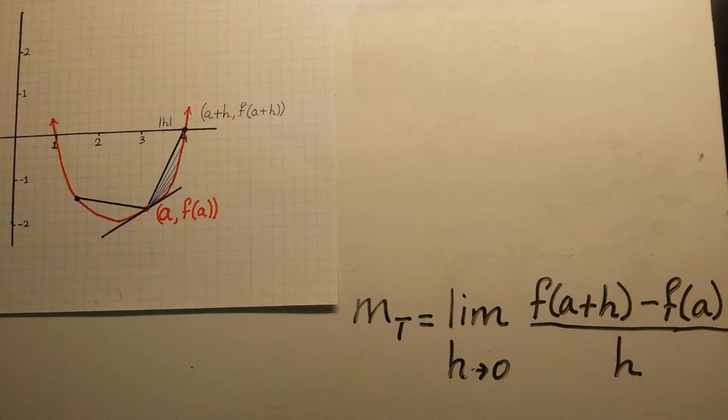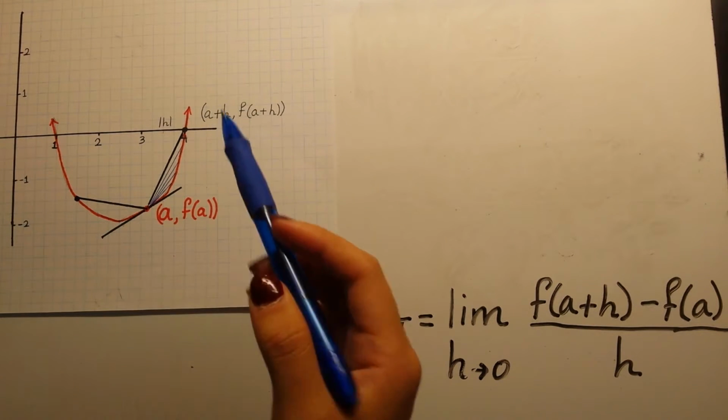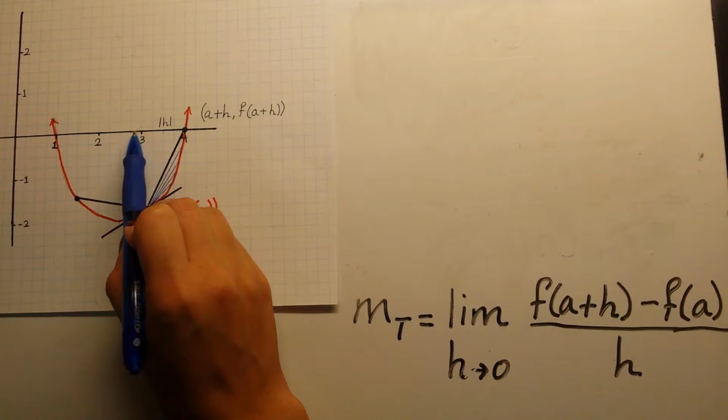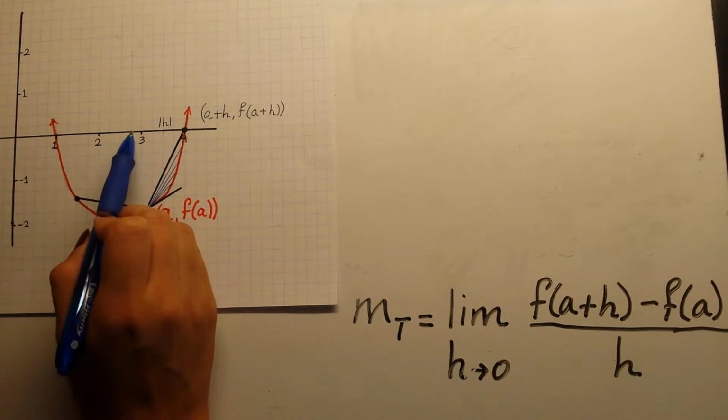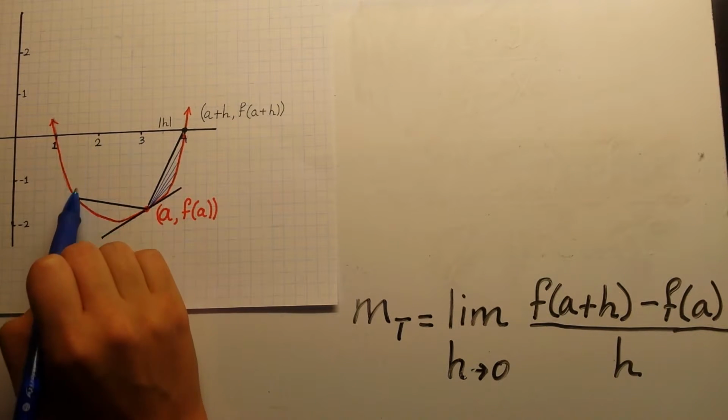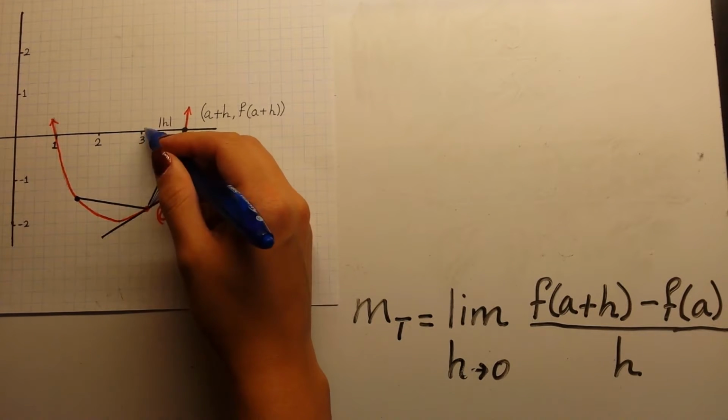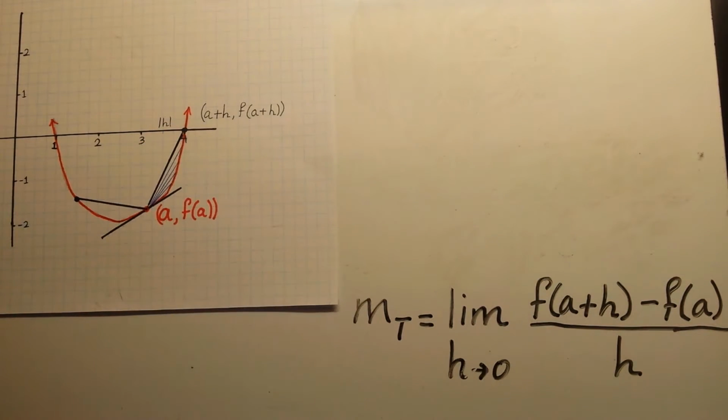Looking at this second secant, it is exactly the same. If I have a preceding interval, as I do here, this is also going to be an h, which is the distance between these two points, between their x values.